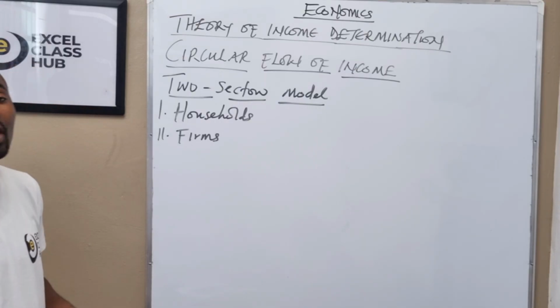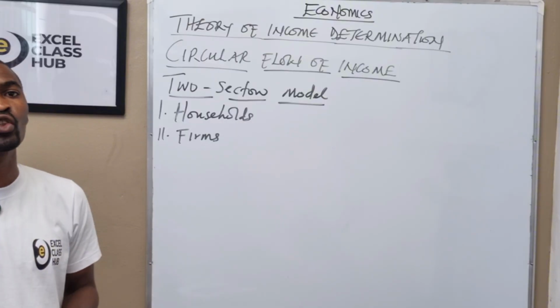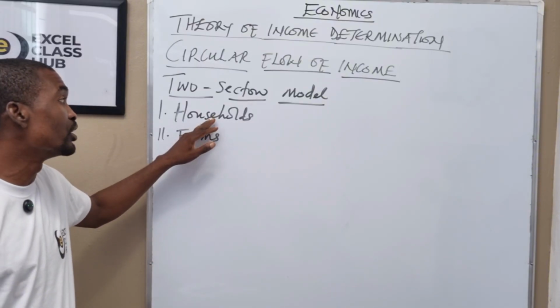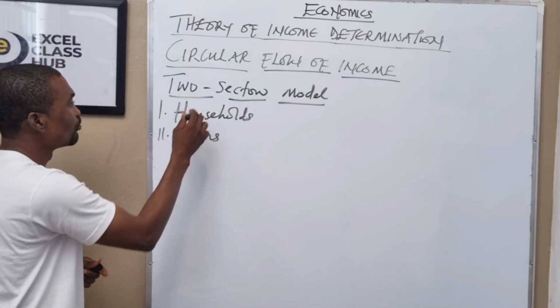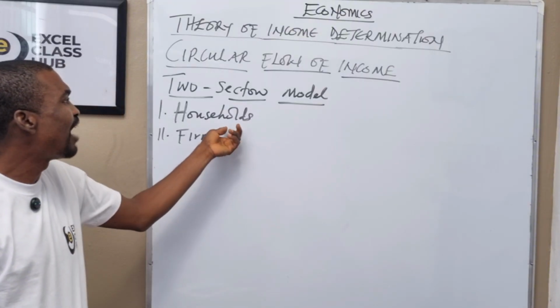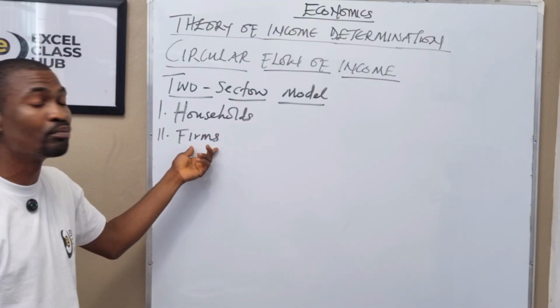So, under the two-sector model of circular flow, it's talking of how money flows from the household to the firms and the firms to the households. What it simply means is that the money that the household spent is gotten from the firm.